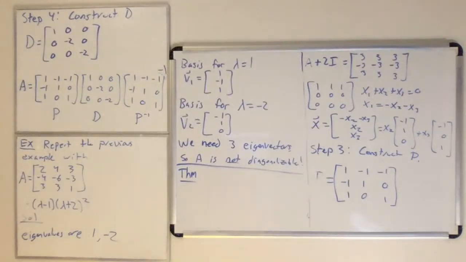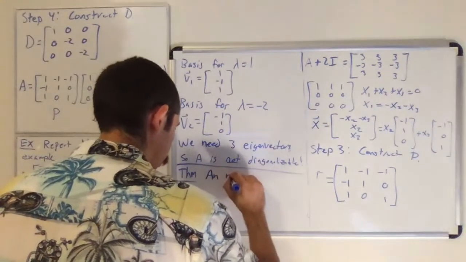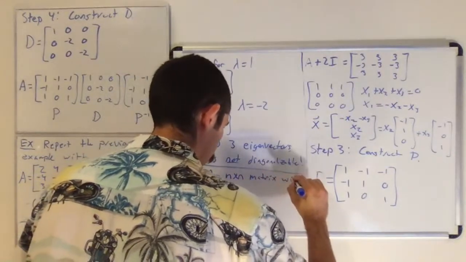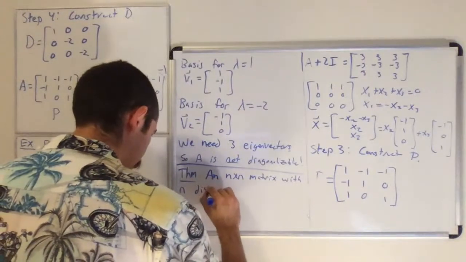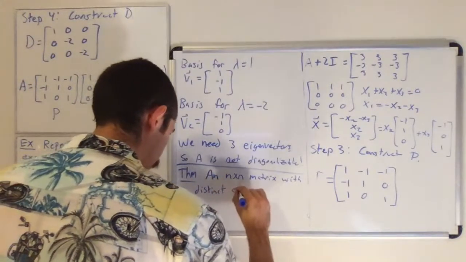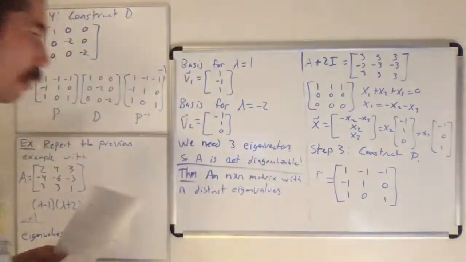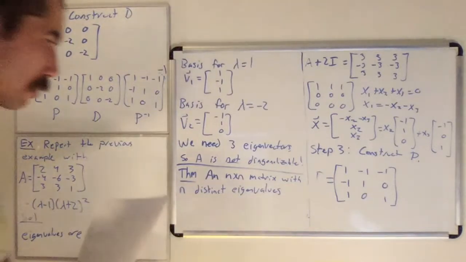Okay, so now let's state another theorem that will give us another way to check if a matrix is diagonalizable. An n by n matrix with n distinct eigenvalues is diagonalizable.